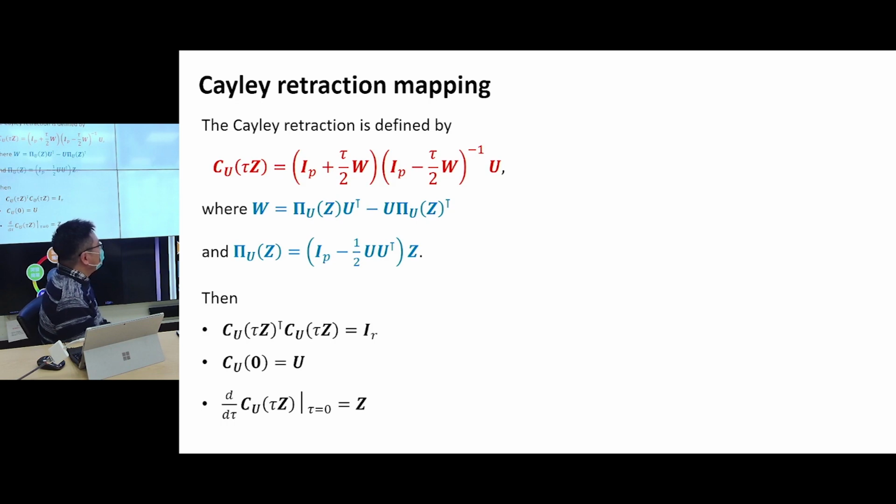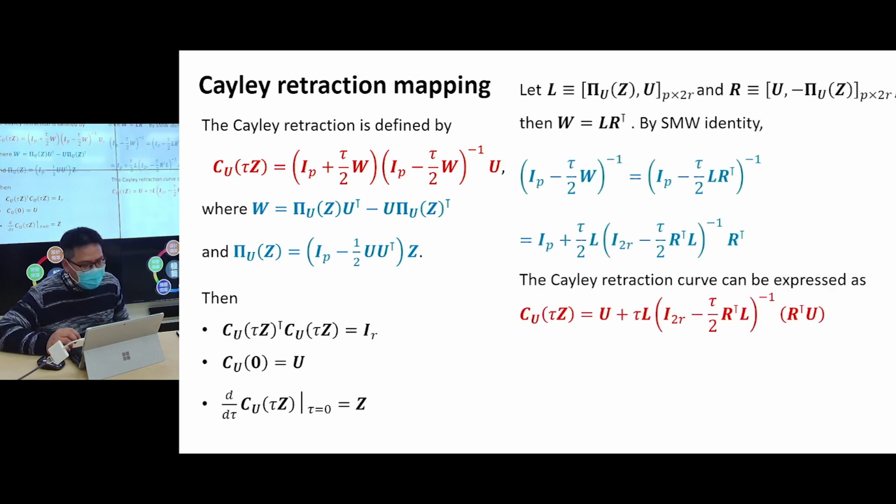Now we have the Cayley retraction mapping equal to this formula, but it contains the inverse of a P by P matrix. Here our P is very large, so it is not computable. So we have to transform this equation to another equation that is computable.